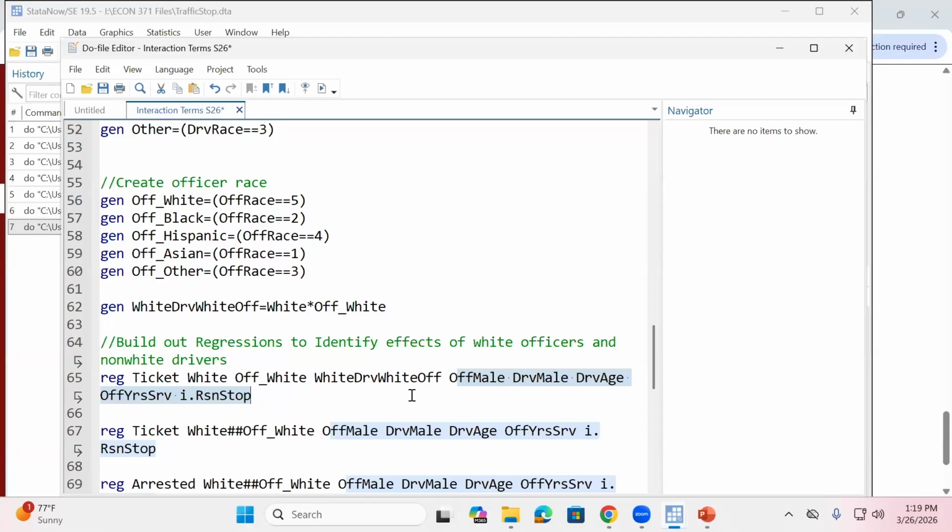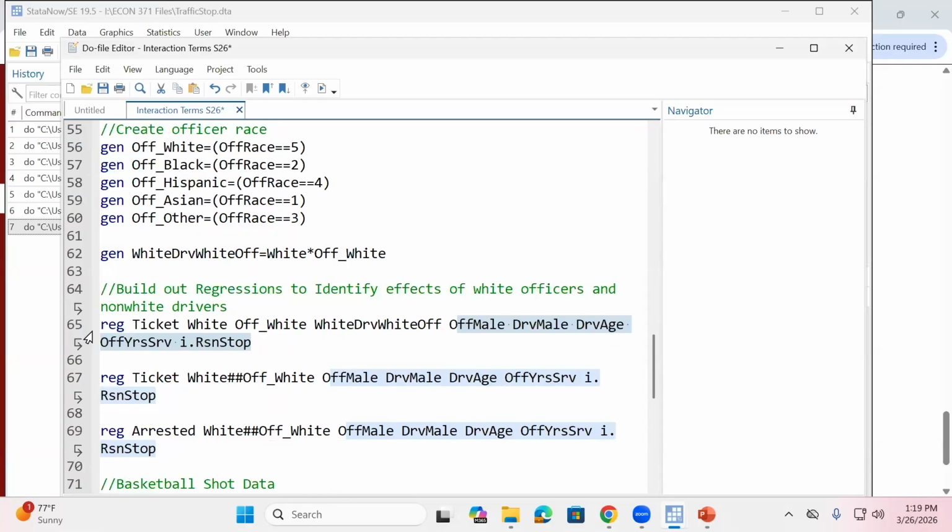And then here was actually a control. When I use this i. command, I think I've shown you this maybe once before, it automatically creates a bunch of dummy variables. The reason for the stop here, I forget how it was coded, but it was something like speeding, warrant out for the driver. So there are very different reasons why I could be pulled over. We're holding that constant. Okay.